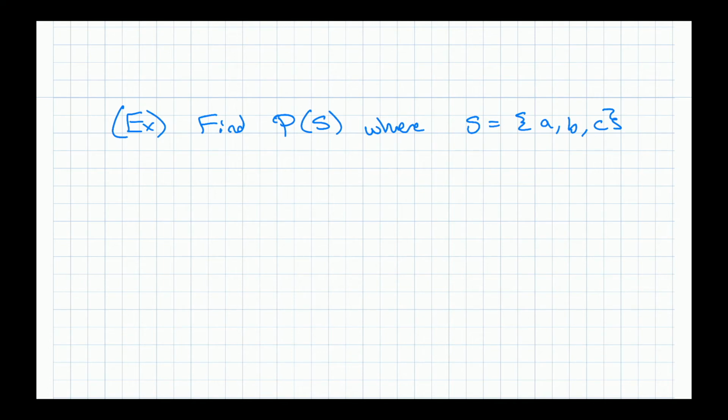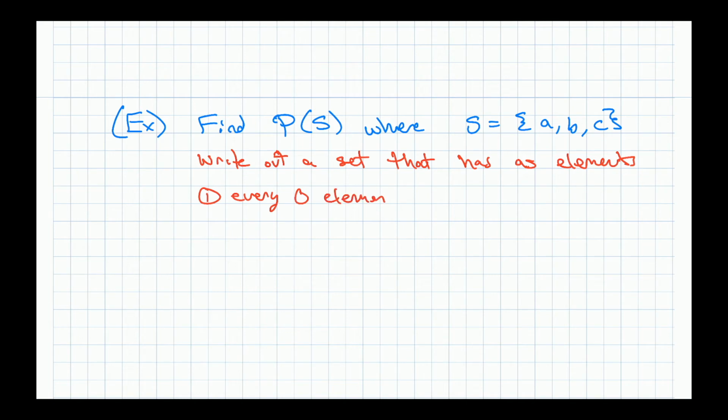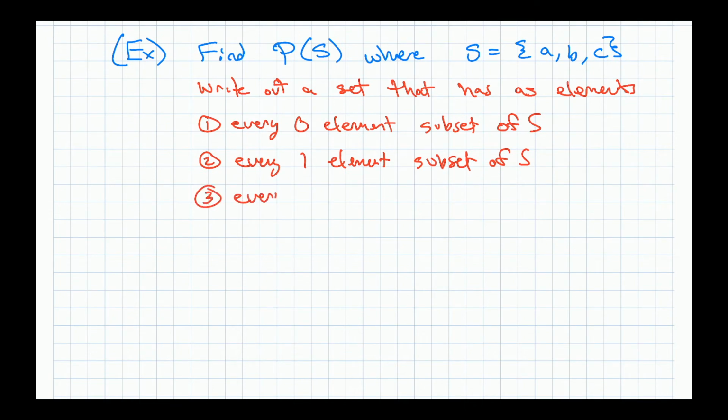So we need to write out a set that has as elements: every 0 element subset of S, every 1 element subset of S, every 2 element subset of S, and finally, every 3 element subset of S.